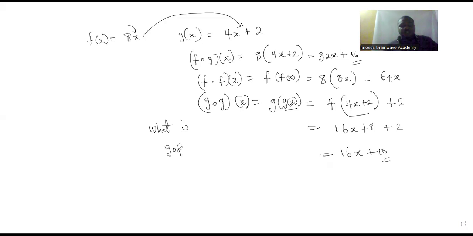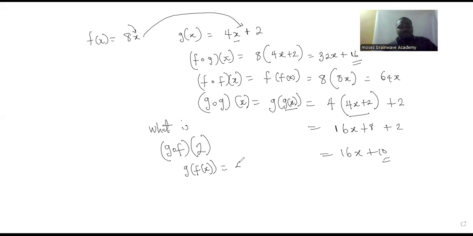So I can ask you over here, what is g of f? Now, instead of x, I'm going to ask you of, let's say, 2. Good. Now, I'm going to do g of x first. So g of f of x is what? Whenever I see x, I'm going to put f of x.